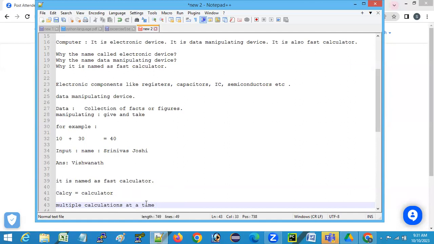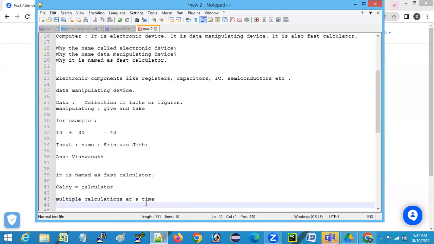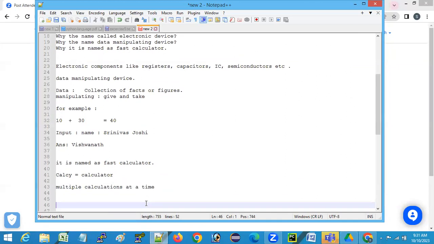Is it clear, guys? Why is this device named a fast calculator? Because it gives multiple calculations or multiple results at a time. Now we are clear about that.